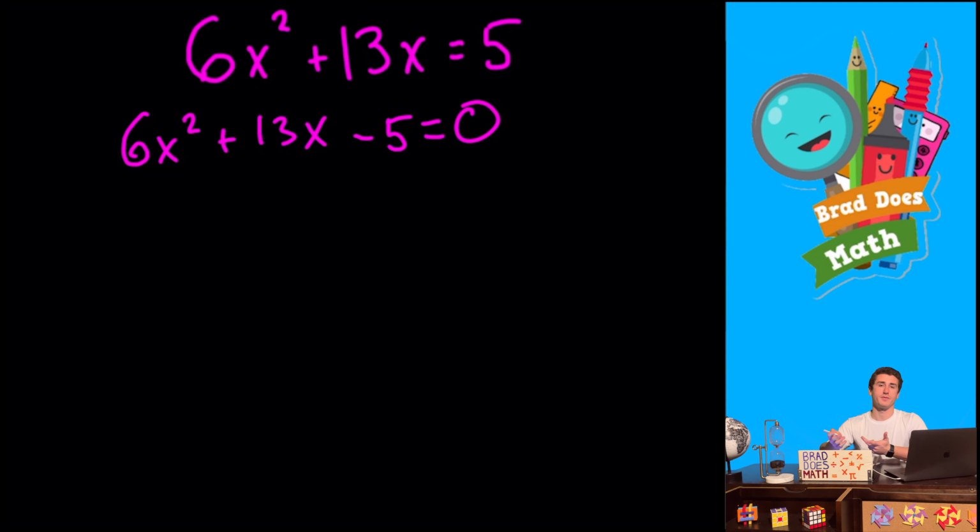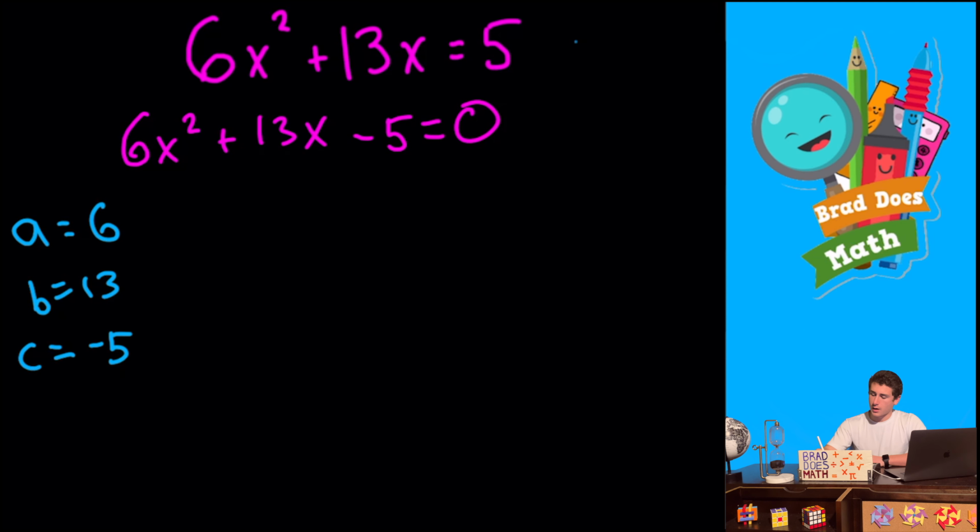Right? I just subtracted 5 from both sides. And I don't have a GCF, unfortunately, so I can't divide everything by a certain number. So I'm hopping right into A equals, B equals, and C equals. So A is going to be 6 here, guys. B is going to be 13, and C is going to be negative 5.